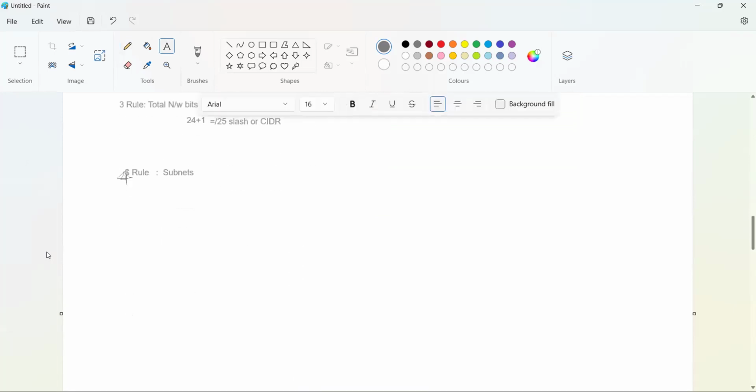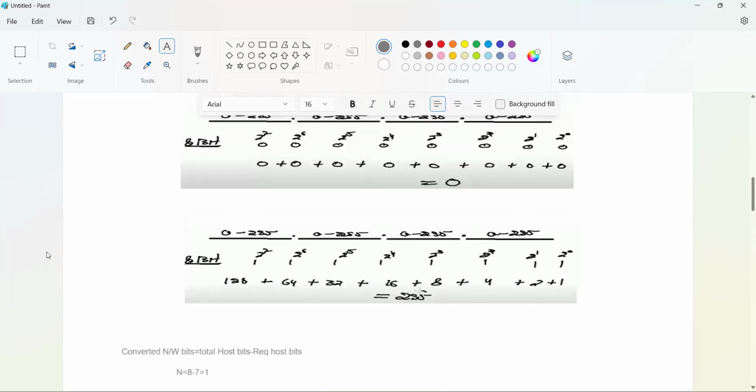The formula is 2 to the power of n. Where will I get n?